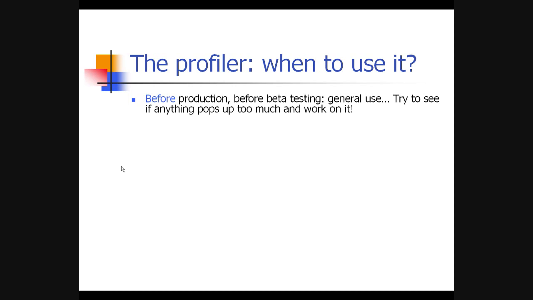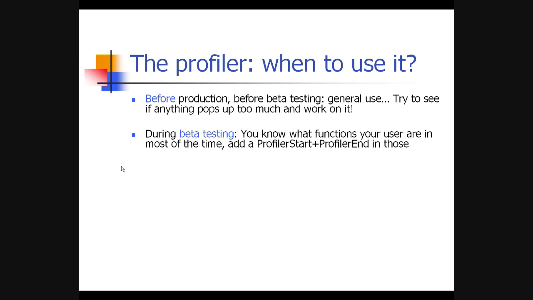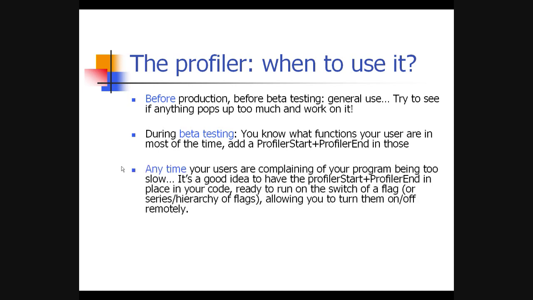You'll have a much better software this way. Of course, during beta testing, you know what functions your users are in most of the time, so you can add the profiler, start profiler, and commands in those functions, and regularly get the profiler files from your customers and analyze them and see if everything is okay or if there's something that looks strange.